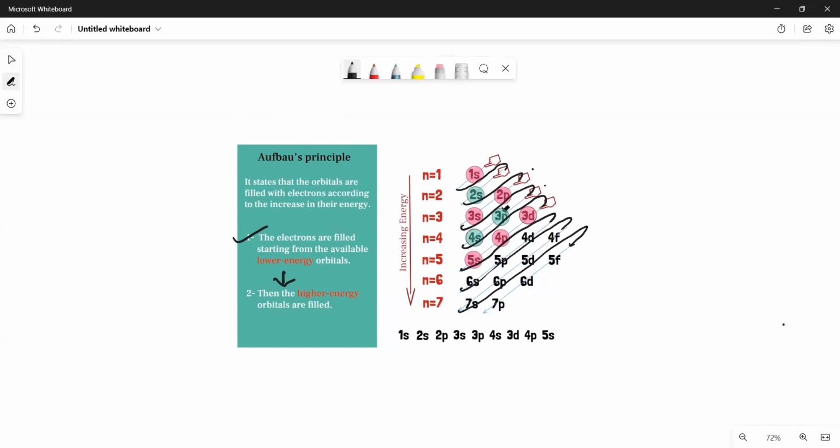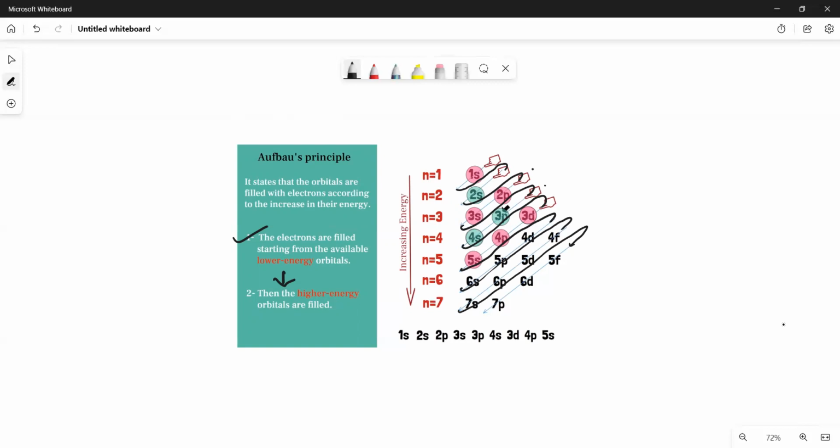It means first it will fill 1s, then 2s, then 2p, then 3s, right? And from 3s it will go to 3p, then 4s, then 3d. Up to here it is 1s, then 2s, 2p, then 3s, 3p.